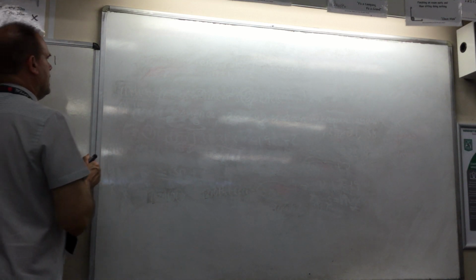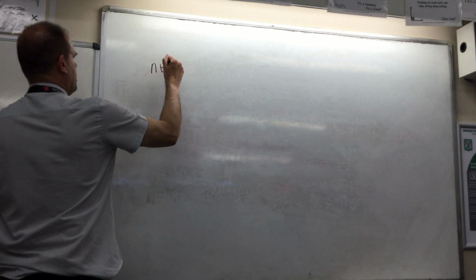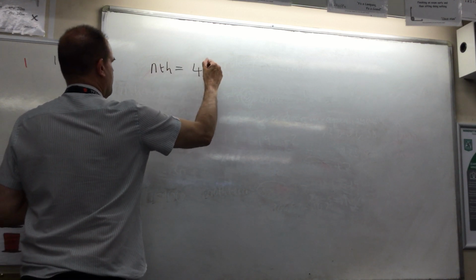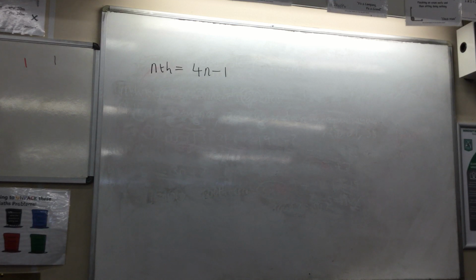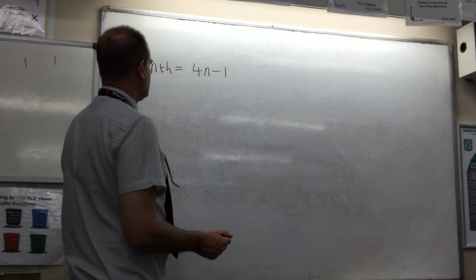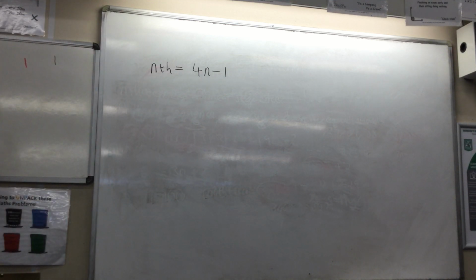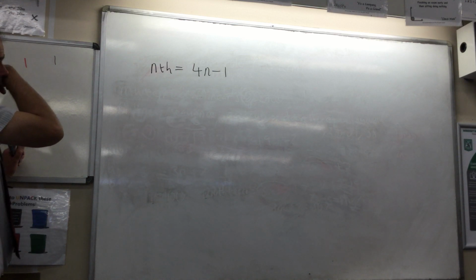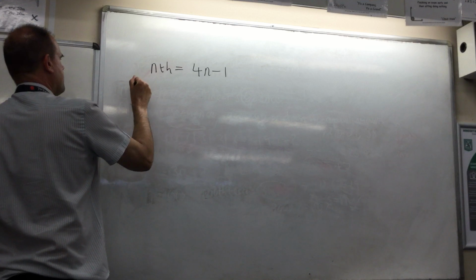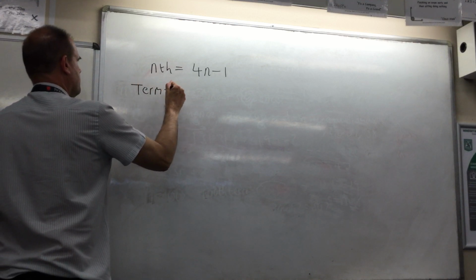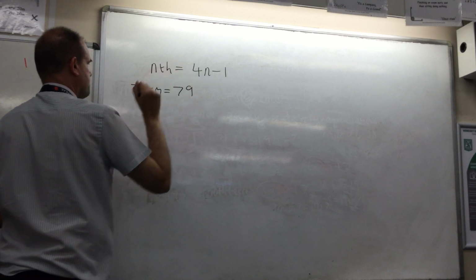Let's say my nth term is equal to 4n take away 1. I'm going to make this a bit harder now. Let's say I've got a term, and that term is 79.